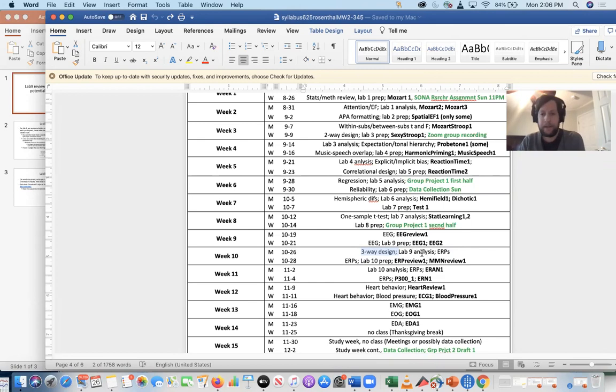We will be talking about Lab 9 and analysis. We're also not going to get to the ERP stuff today. It's okay, though, because we basically have 3 full days of class where that's all we're going to talk about, event-related potentials. So we'll get to that. Instead, we're going to finish some of the EEG stuff from last time. There are a couple of complicated studies, old ones from the 50s and 60s, that we started talking about last week with respect to alpha amplitude and its relationship to reaction time.